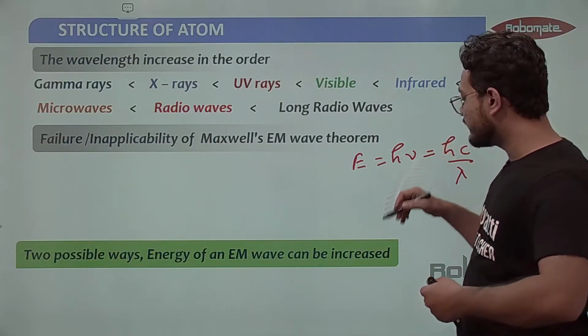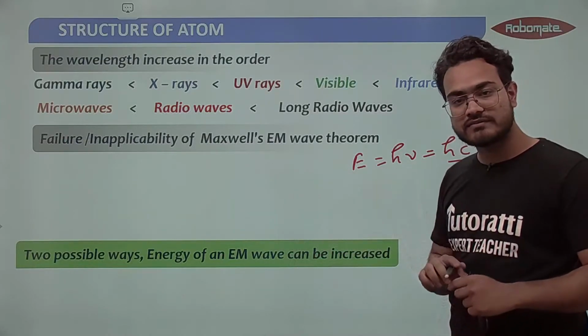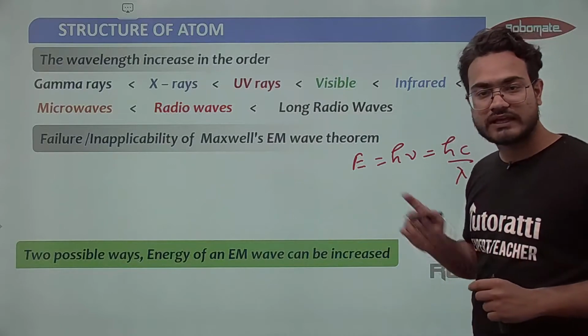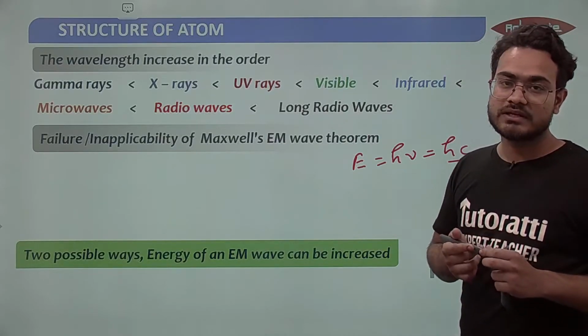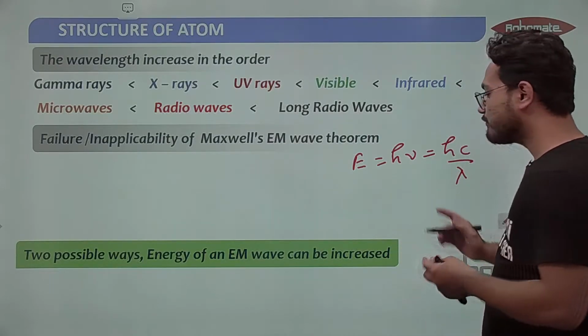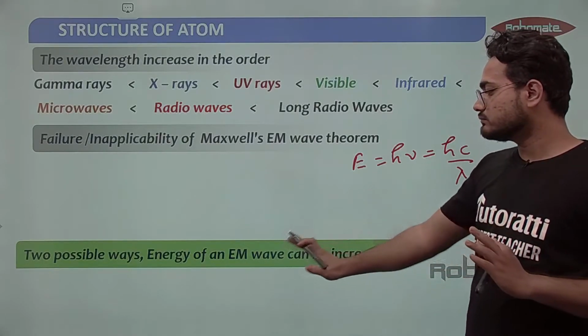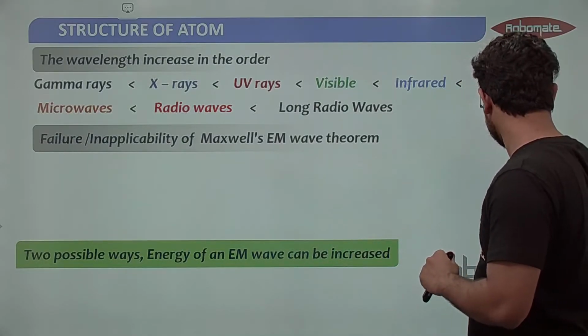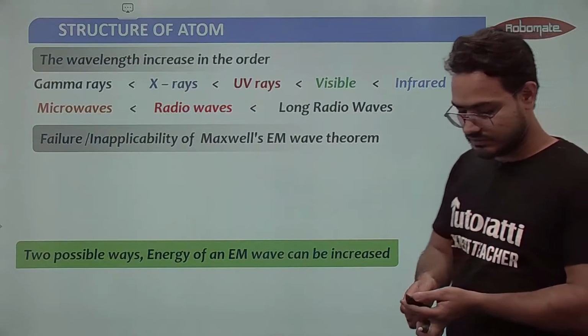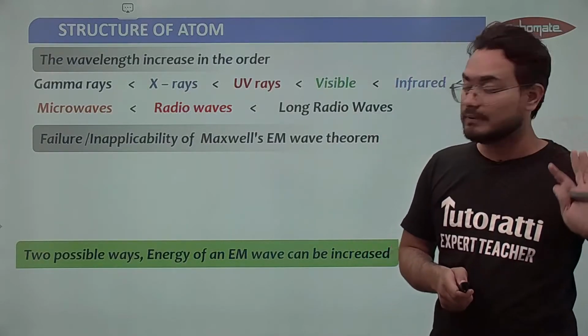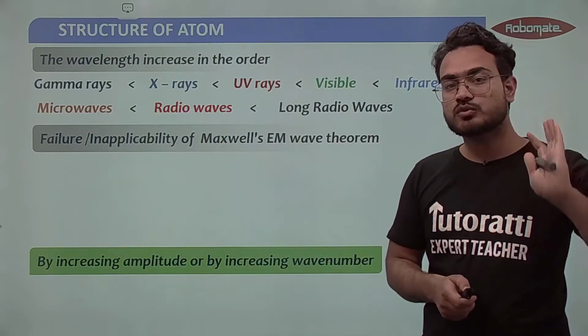Either we increase the frequency and the energy increases, or we decrease the wavelength and the energy increases. It means I have to change either one of them or the amplitude. At least something has to be changed.